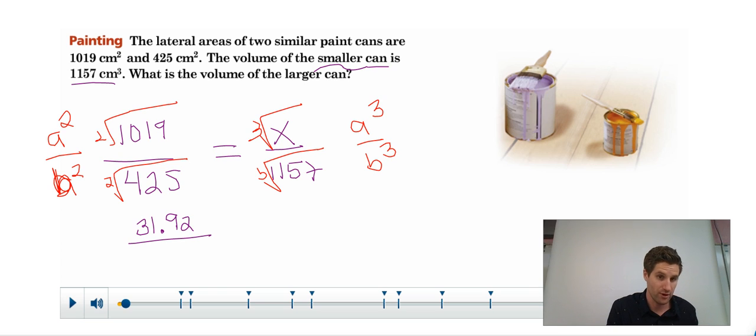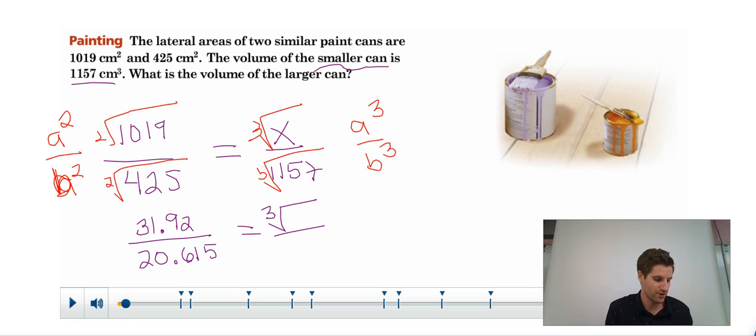And then the square root of 425 gives us 20.615, equals the cube root of, and we have to take the cube root of 1157. You want to be trying to do this on your calculator if you can.